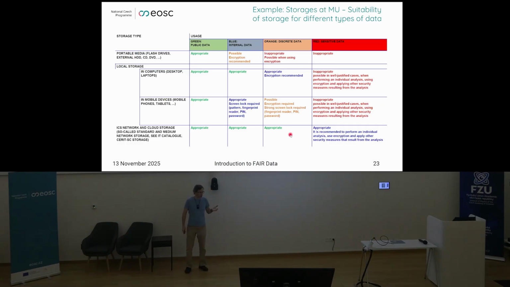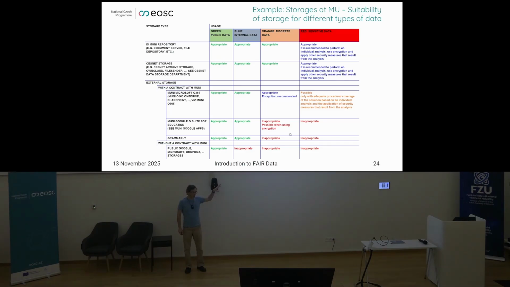The recommendation itself says which data storage is good or not good for which class of data. And this is a very high-level view. Part of the recommendation is also a longer document with more details on why this recommendation was made for this particular data and storage type.